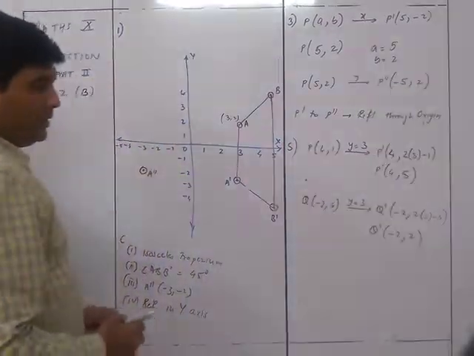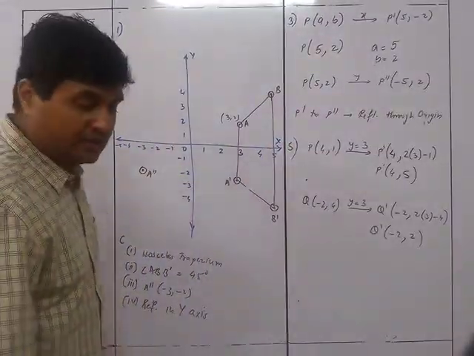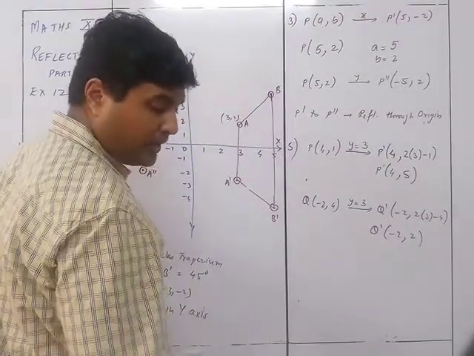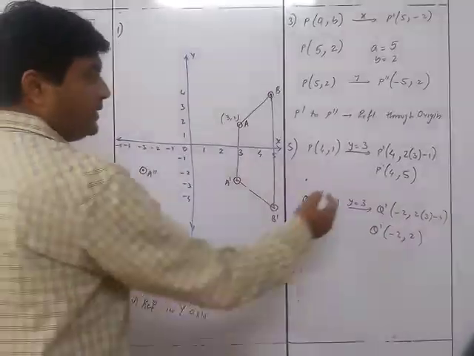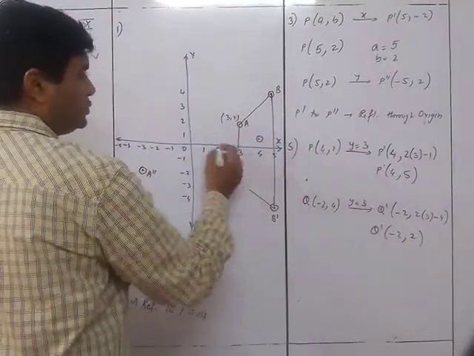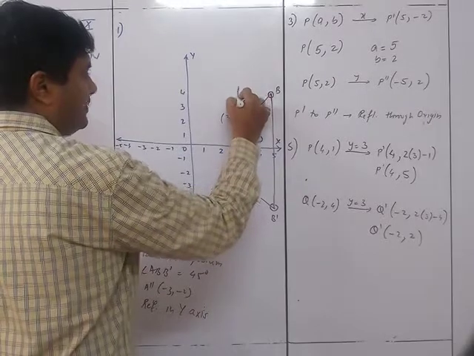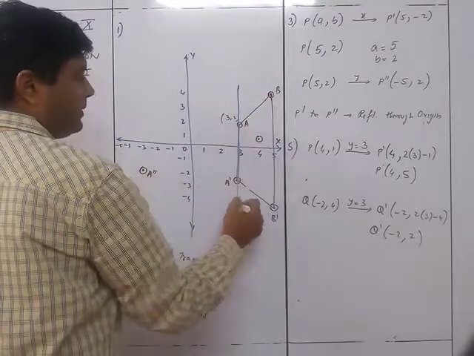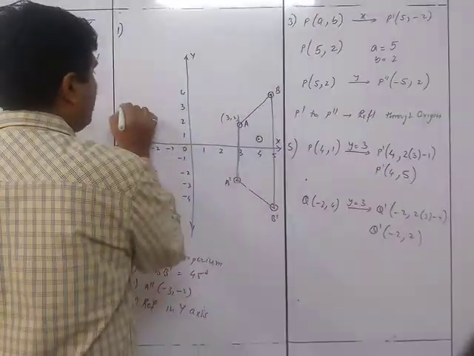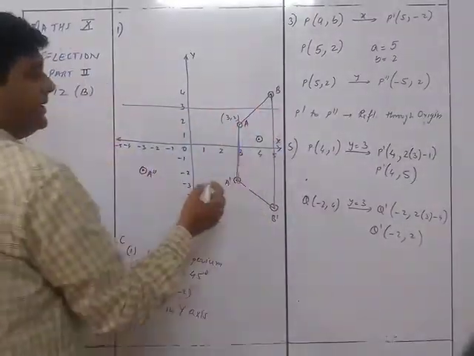If you want, we can cross check this answer from the graph paper, so that you can understand it better. So we have 4 comma 1 over here, and the line y equals 3 will be this particular line, which is parallel to the x-axis.